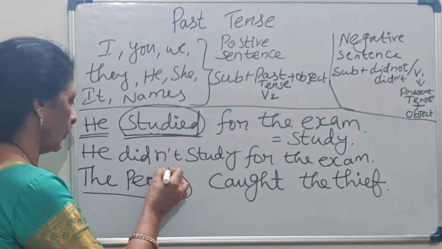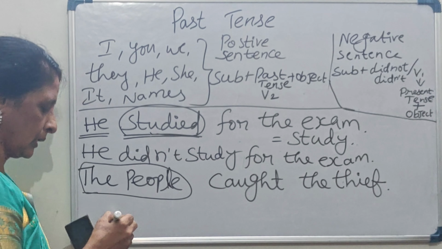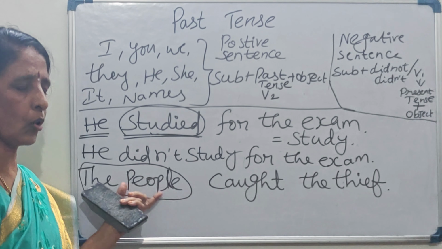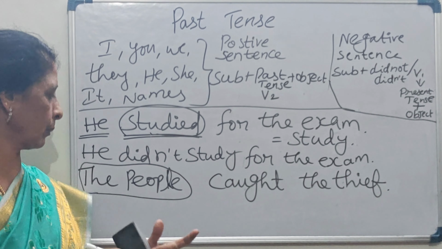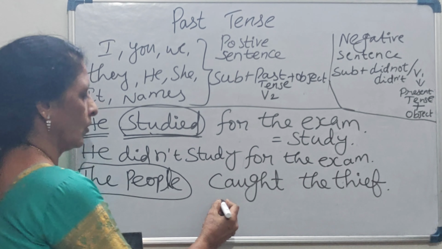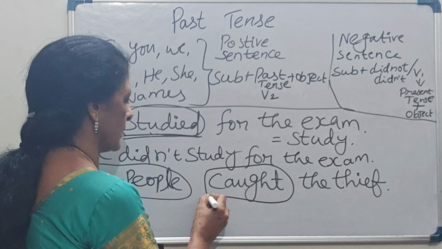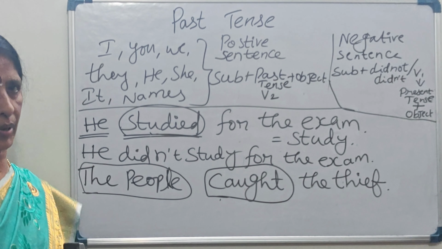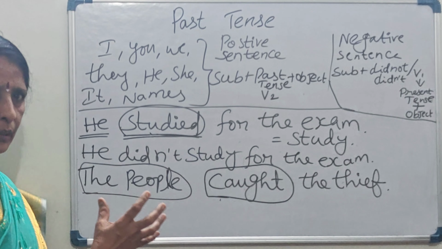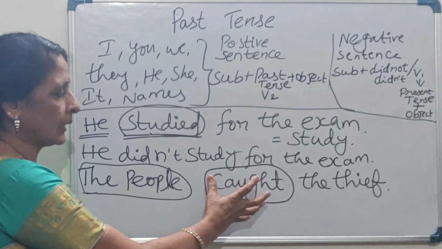Here the people means a specific group of people. So we are writing the people. Caught is the past tense here. The people caught the thief. Some specific group of people caught the thief.